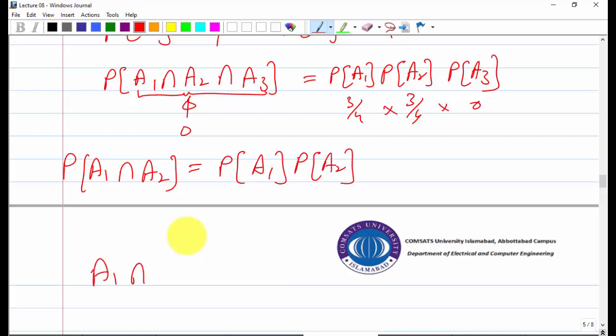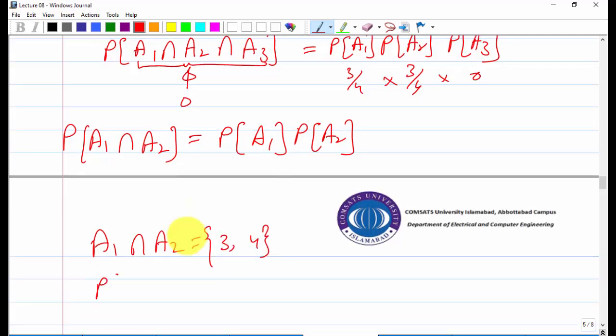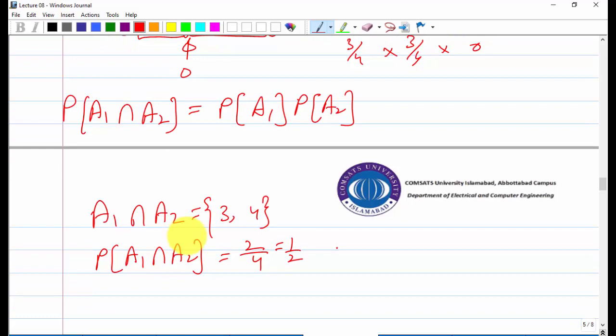If we look at A1 and A2, we will have 3, 4 in common. So probability of A1 intersection A2 is 2/4, which is 1/2. And we know the probability of A1 and A2. If we put these values in the relation, it will be 3/4 times 3/4, which is not equal.